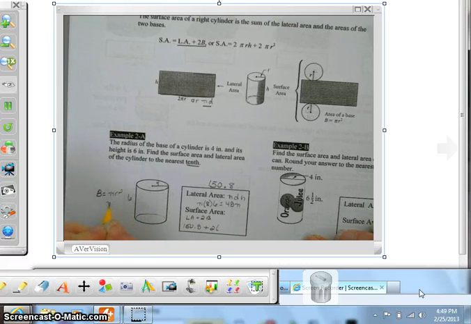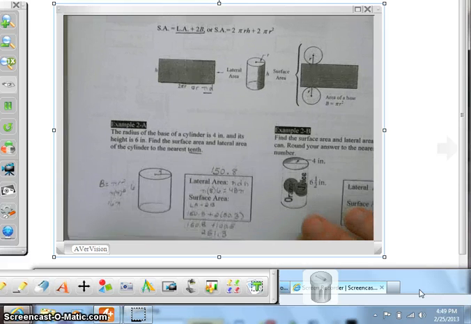So it's pi times 4 squared, that's 16 pi. 16 times pi gives us 50.3. Remember, you have 2 of those, so we take that times 2. That's 100.5. And we're going to add it to the 150.8. That's going to give us 251.3.